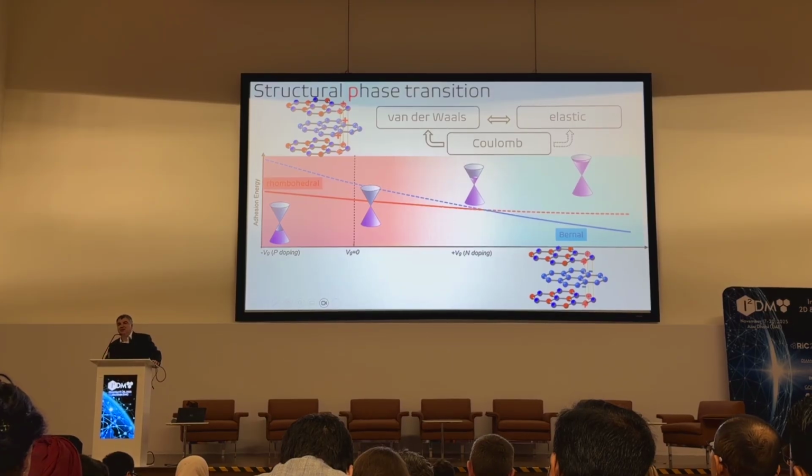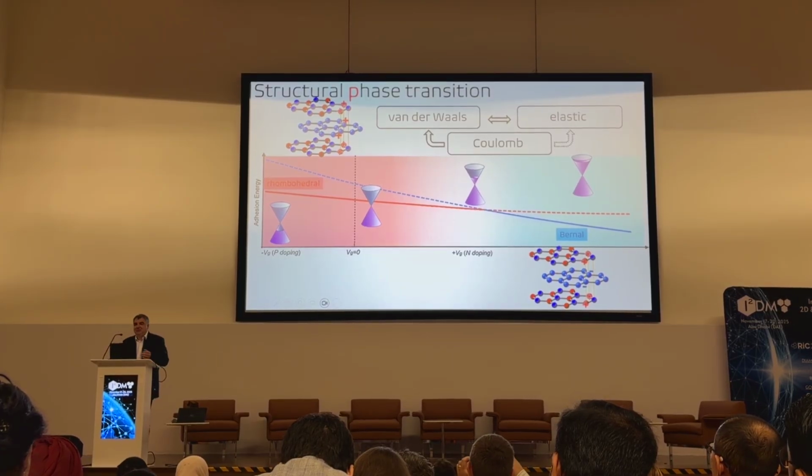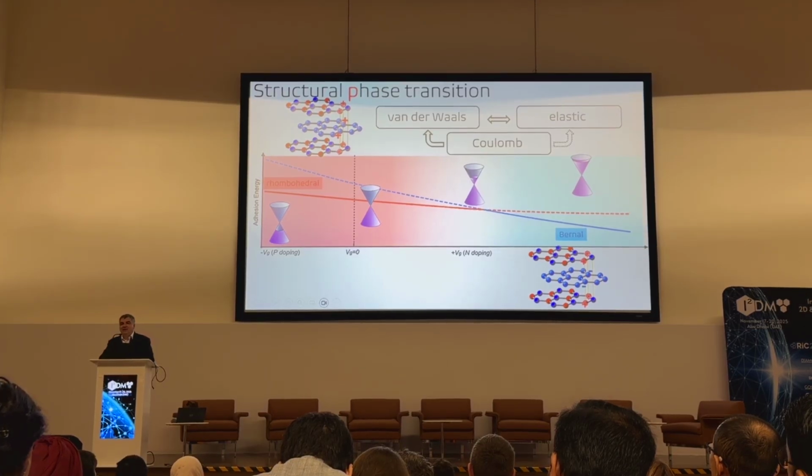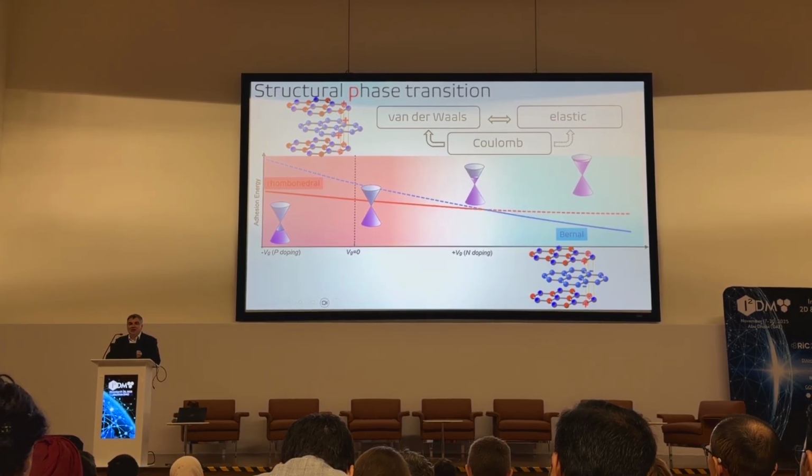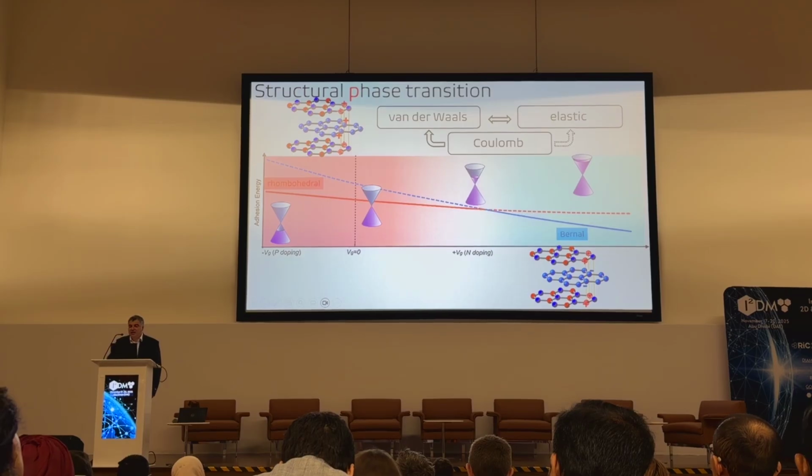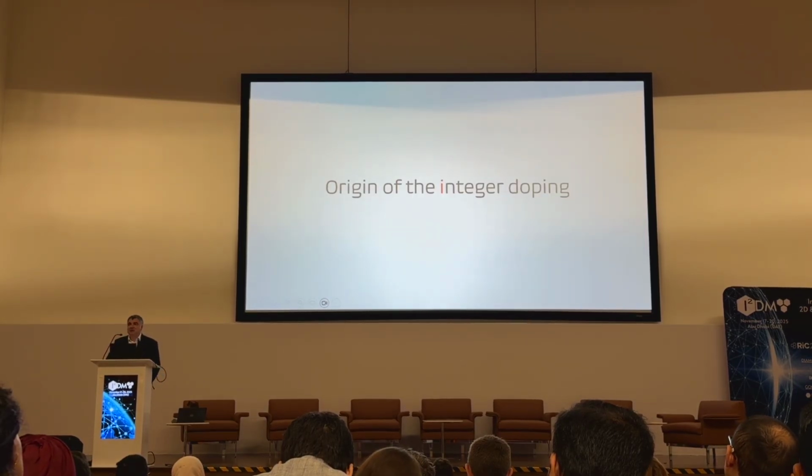But usually it would be very, very difficult to see because it changes the local symmetry. Yes, it's a first order phase transition, but unless you've got STM there, it's very difficult to observe. So luckily it is coupled to the electronic phase transition as well, which gives us this integer doping, which is by itself a very strange effect.